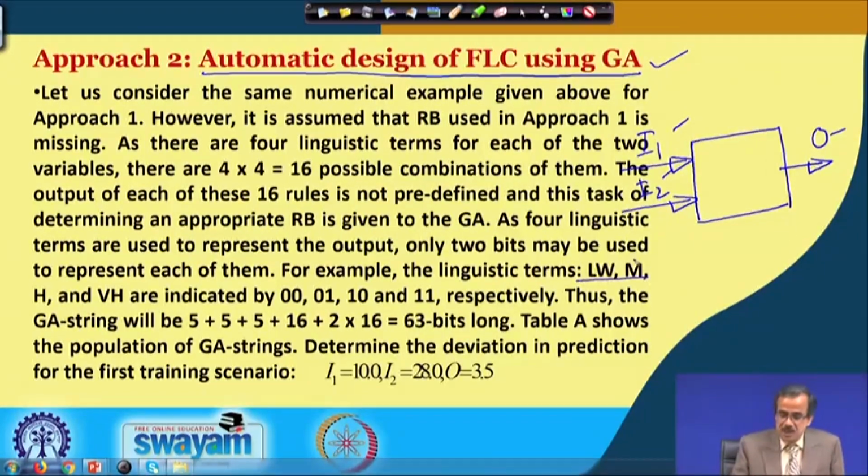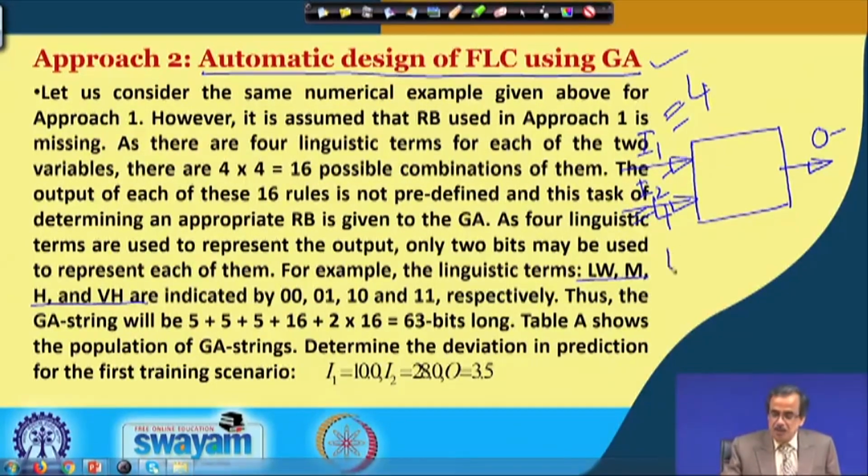So, we are going to consider the 4 linguistic terms: low, medium, high and very high. I have got 4 linguistic terms for representing I 1 and 4 for representing I 2. So, 4 multiplied by 4, there are 16 rules, that means 16 possible combinations for the input parameters. And once again we are going to use 4 linguistic terms to represent the output, that is low, medium, high and very high.